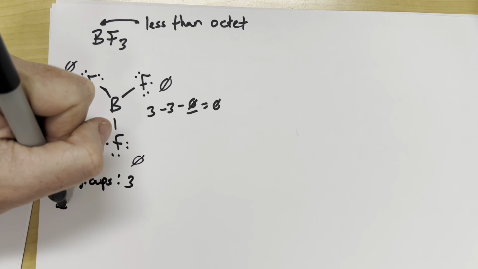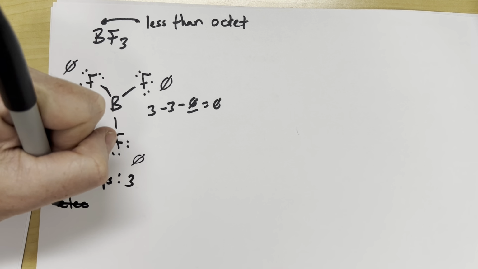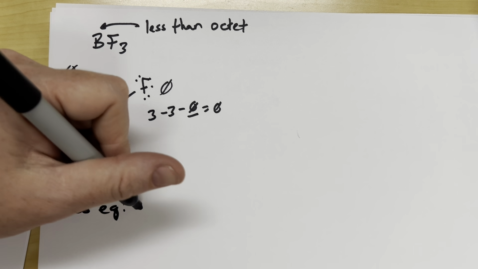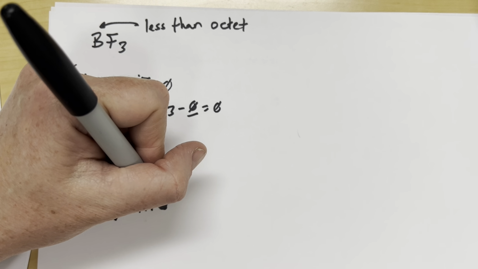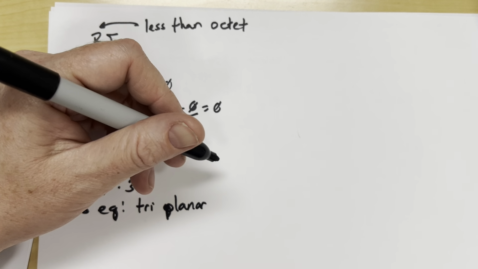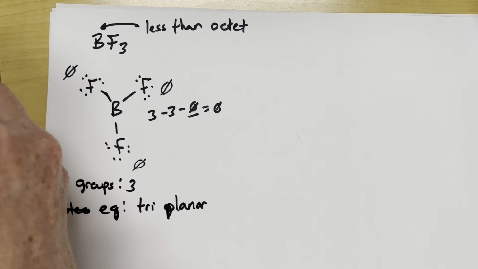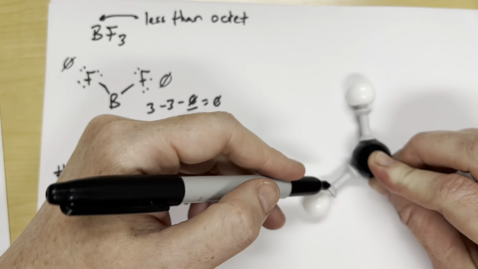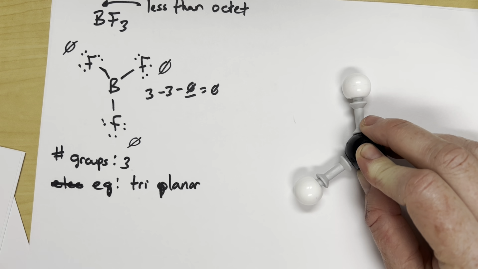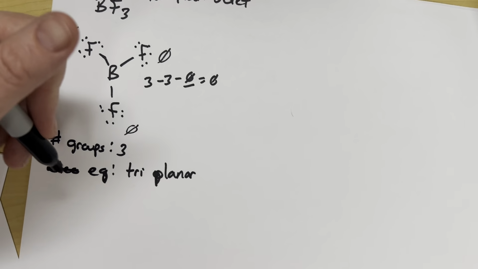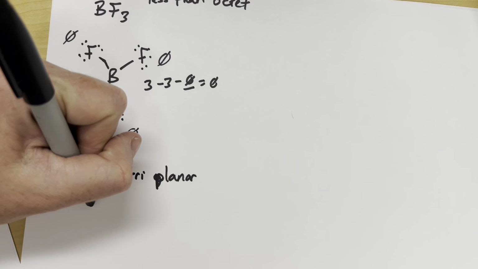So therefore its electron geometry is going to be trigonal planar. All 3 things in a nice little plane like this. It has 0 lone pairs.